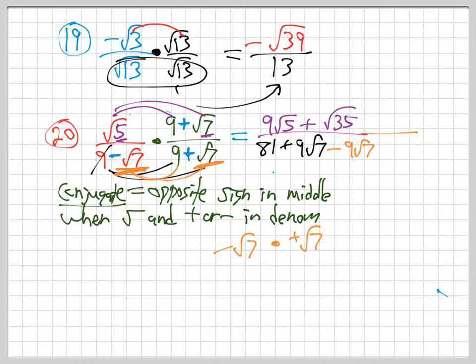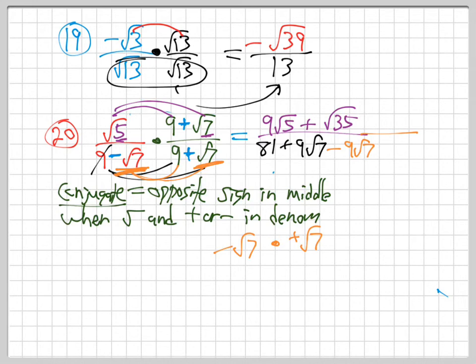But they're timesing. Right? You tracking with me? Don't lose track of what we're doing. This is all multiplication, right? These two guys are multiplying these two guys. So the 9 went to both, and now this guy's going to both. Last step, minus root 7 times plus root 7.